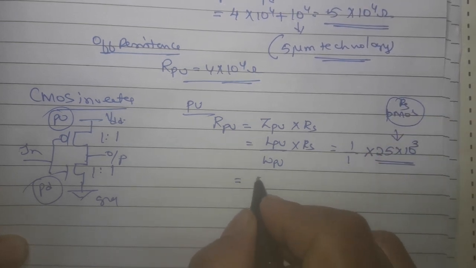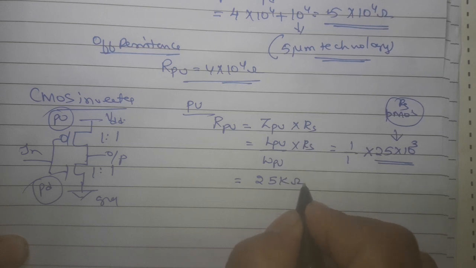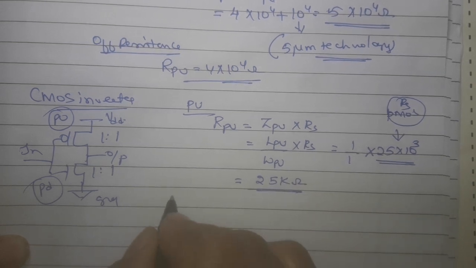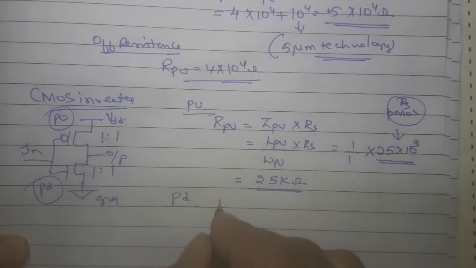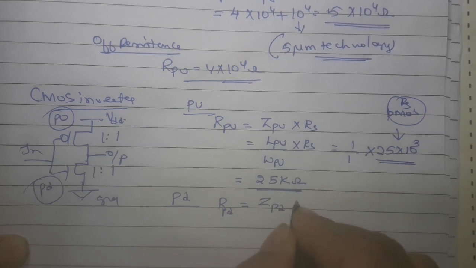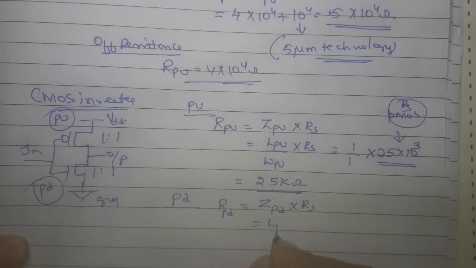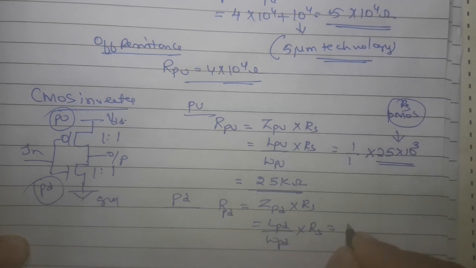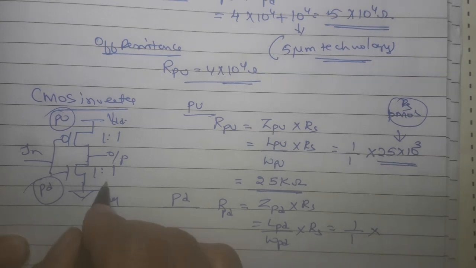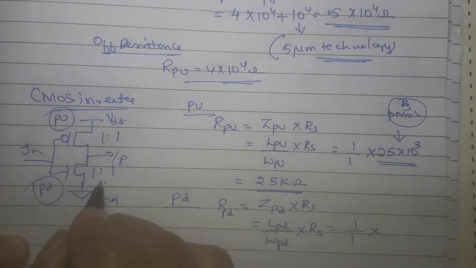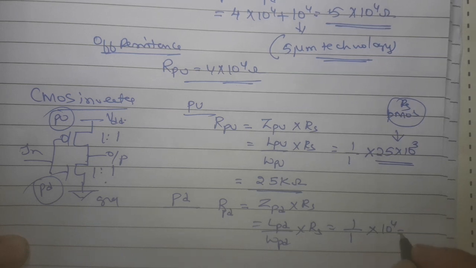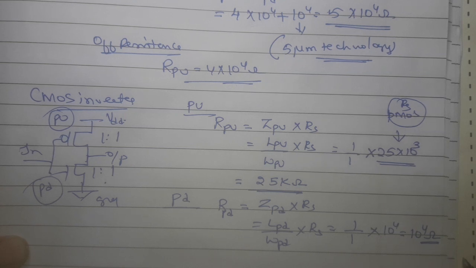So, this will be 25 kilo ohms. Okay. Next, for pull down, R pull down will be equal to Z pull down into RS, that is L pull down by W pull down into RS, that is 1 by 1. This is an NMOS. The standard sheet resistance value is 10 to the power 4. So, this will be 10 to the power 4 ohms.